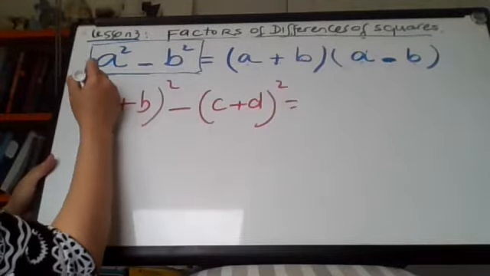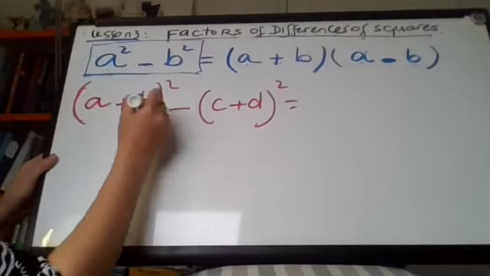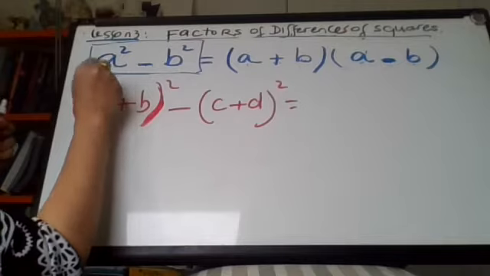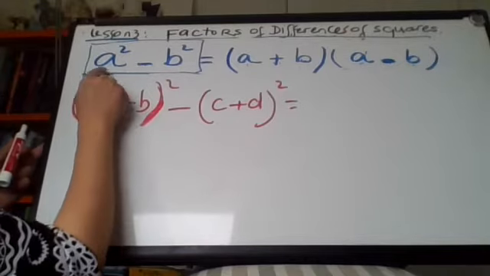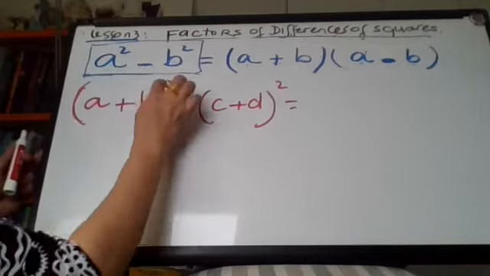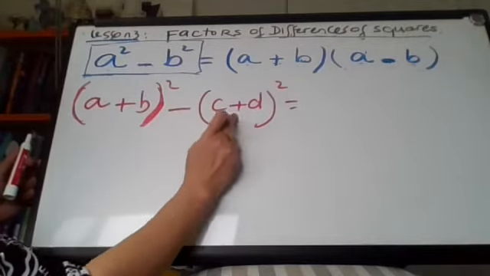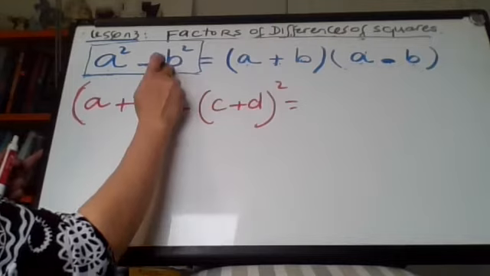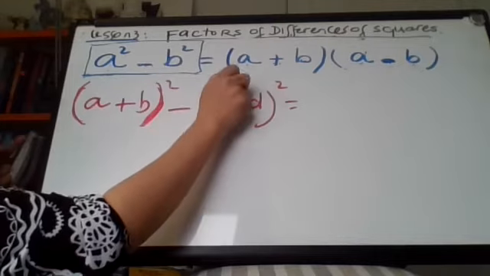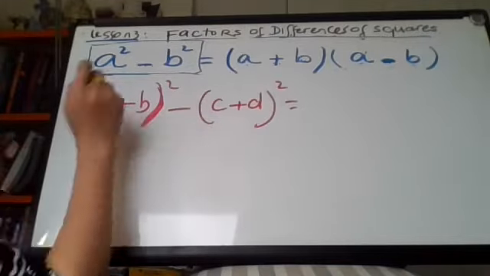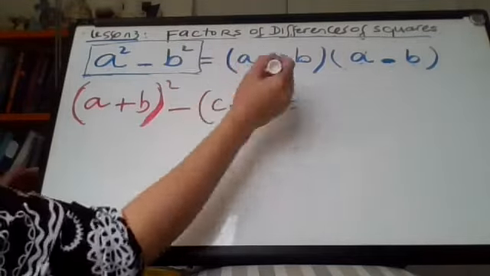The whole thing here, the whole first bracket, treat it as one number, one base number. The whole thing here, A plus B is your A, right? Squared, squared, minus, minus. C plus D is B, right? Treat the whole thing, C plus D here, as one number, C plus D is the B, and squared is squared.